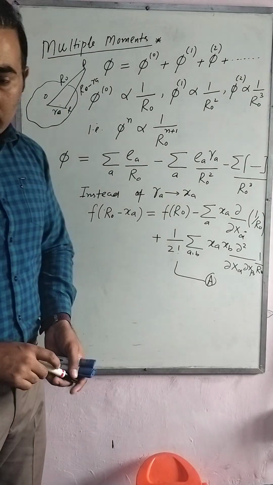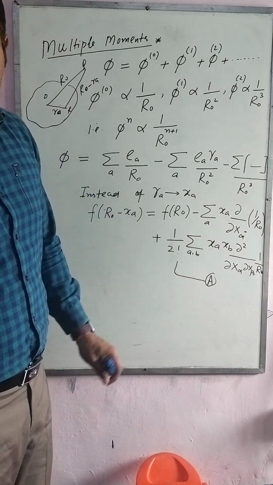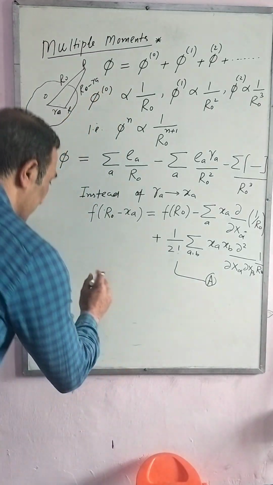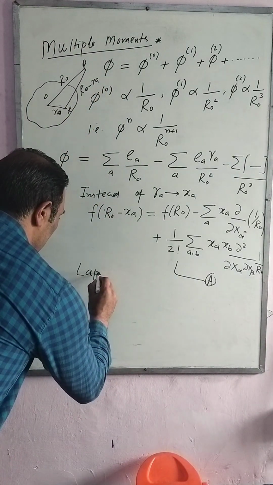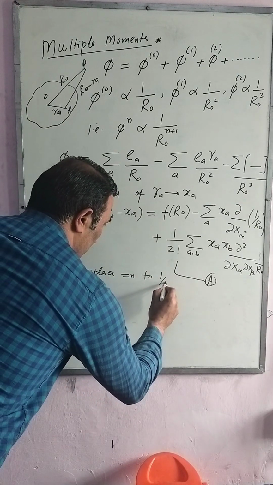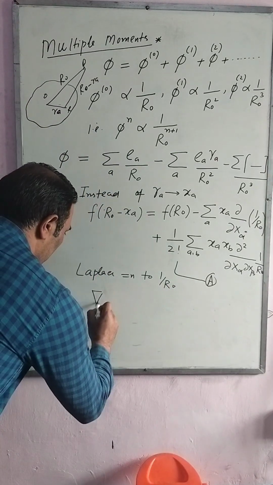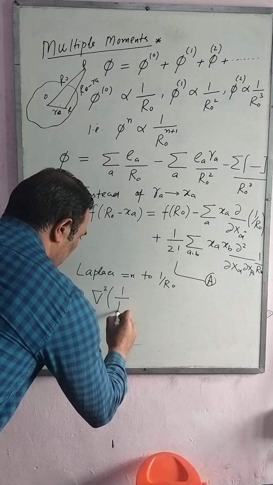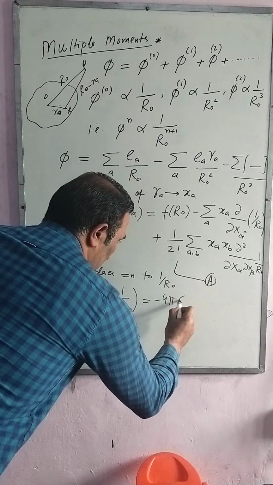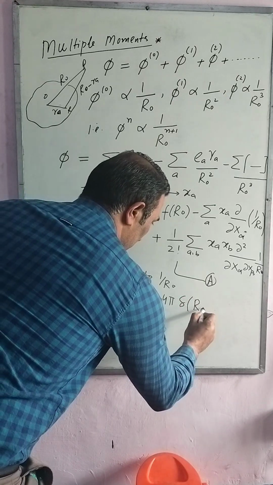Now, in equation 8, there we have 6 terms, right? So out of 6, 1 will be 0, 5 will be non-zero here. Now let's apply this Laplace equation to this 1 by r. So if I apply this Laplace equation, nabla square 1 by r naught equals minus 4 pi delta of r naught.